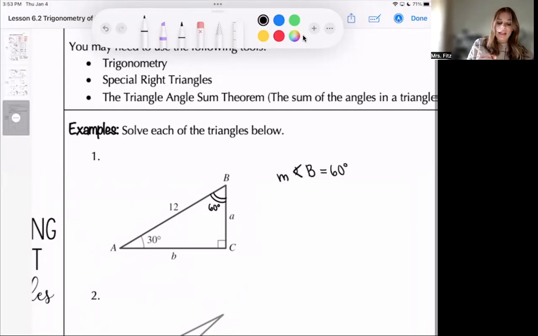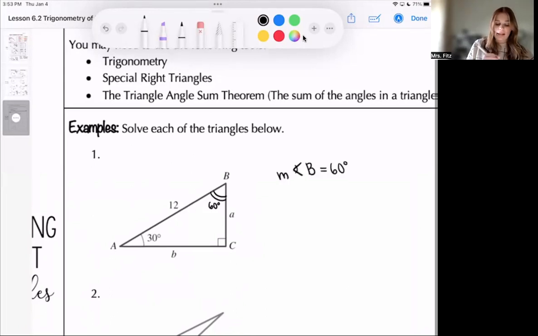Okay, now we need to solve for A, lowercase a, and B still. We're given the hypotenuse, which is always 2x. Remember, A is your x, right? And B is your x root 3 in this case. 2x equals 12. Well, if I divide both sides by 2, I get x equals 6, which means that A is equal to 6.